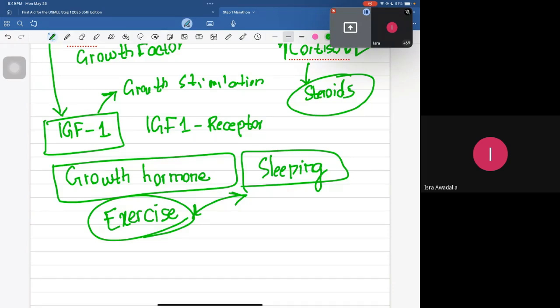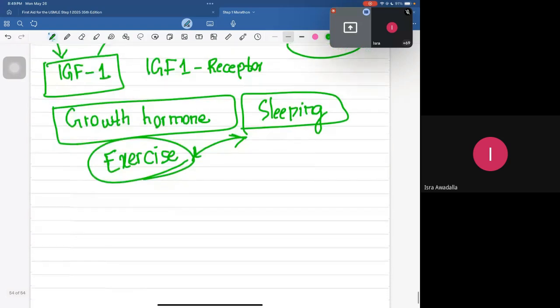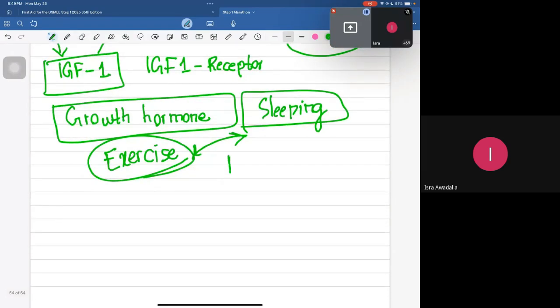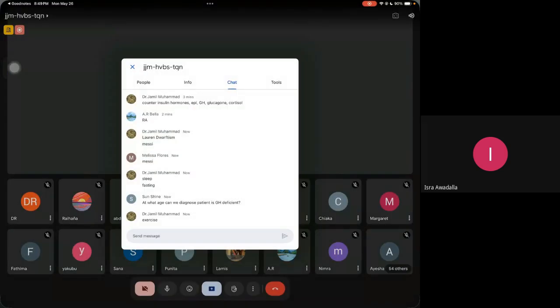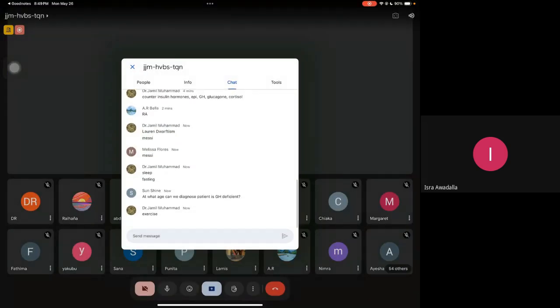At the same time, if any patient is in stress, or if any person is going through puberty, that patient is going to have growth hormone secretion as well. Now, one important thing is that hypoglycemia is necessary for growth hormone secretion. Why do we need hypoglycemia for the secretion of growth hormone? Remember, if a patient cannot have hypoglycemia, he cannot have growth hormone secretion.